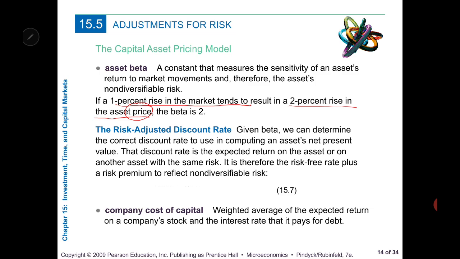Because the trend in the market is reflected in the risk of your asset or your investment, and this risk is manifested by price. If the relationship is 1 to 2, then your beta is 2.